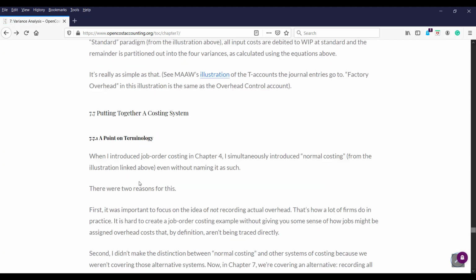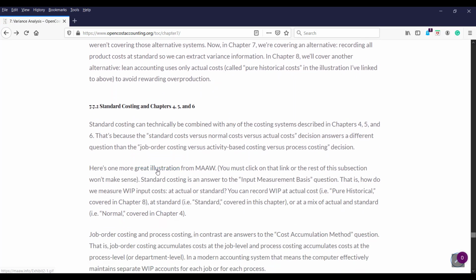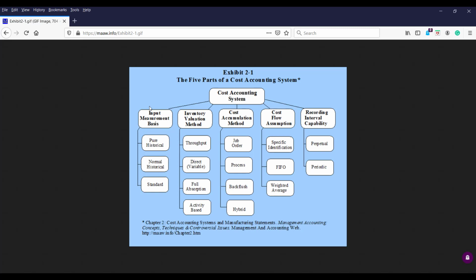And so that's answering a different question: when we input our dollar measures of cost, are we using pure actuals, pure historical? Are we doing just actuals for the direct costs and taking the indirect overhead costs and using an applied basis, which is the traditional? Or are we going full standard to get all the variance information that we can to then use that for decision making?